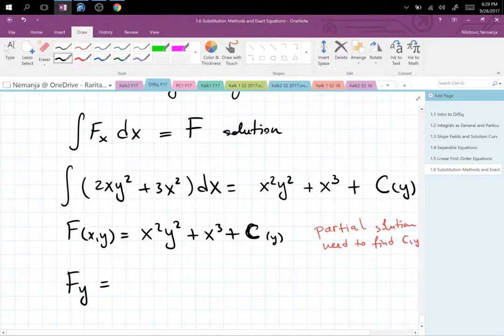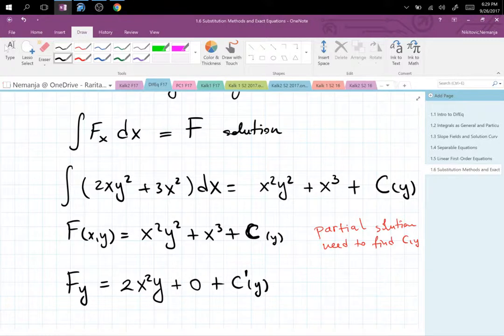So the partial derivative of this with respect to y is going to be 2x squared y plus 0 for this term because I'm taking the derivative with respect to y, plus c prime of y. So I took the derivative. Remember that c of y is only a function of y, and when you take the derivative with respect to y, you just get c prime. No need to invoke partial derivatives there.